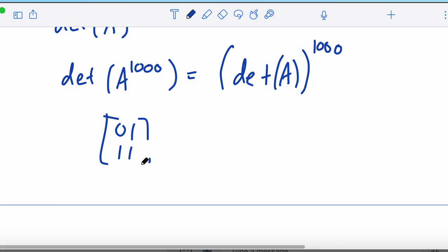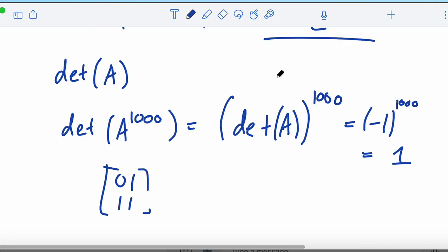The determinant is negative 1, right? You multiply these two, you subtract the other diagonal. So this is minus 1 to the power 1000. So good, we use the linear algebra fact to figure out the determinant of what we're looking for is 1. Okay, unfortunately, there are a lot of matrices whose determinant is 1, so we need a little bit more information. But this is a great start, the determinant.